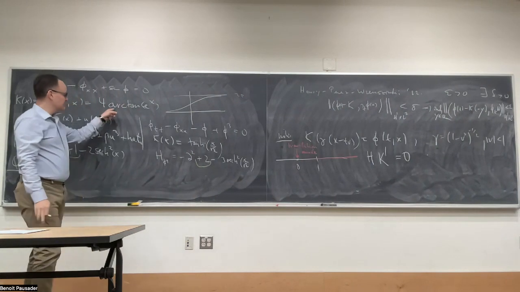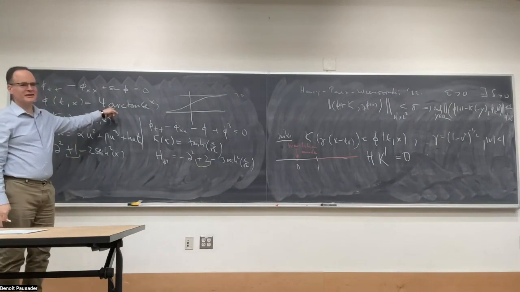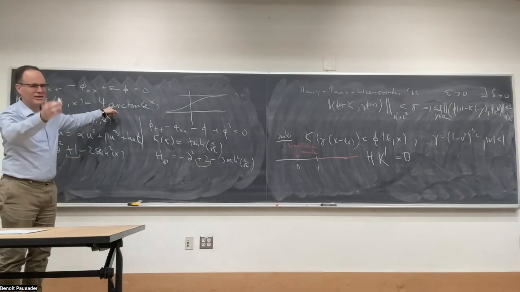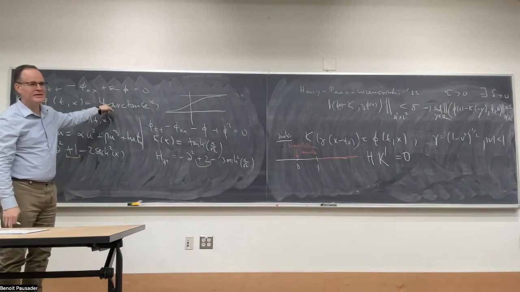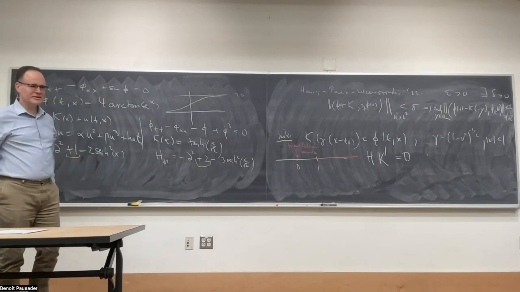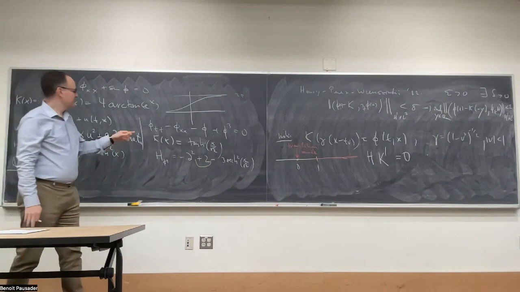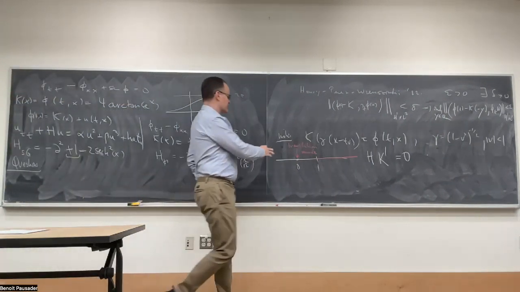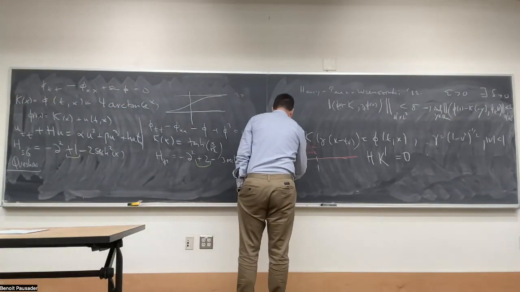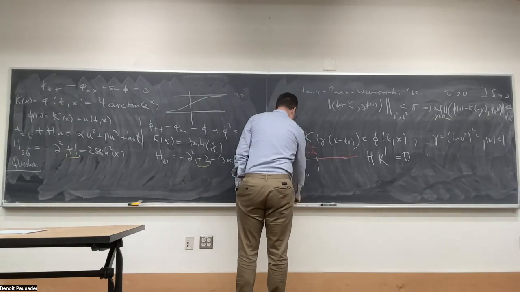What's the X derivative of arctan e to the X? It's sech X up to a factor. It's 1 over cosh X. Okay. So here for sine-Gordon, you have H of sech equals 0.